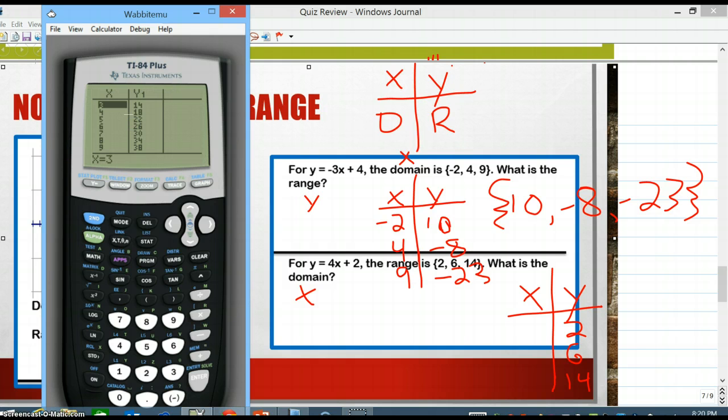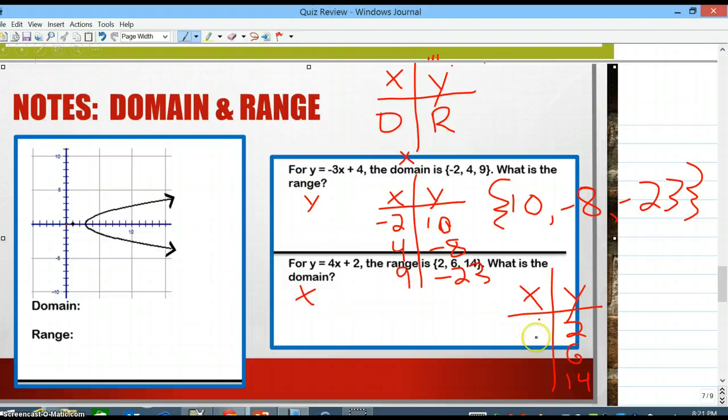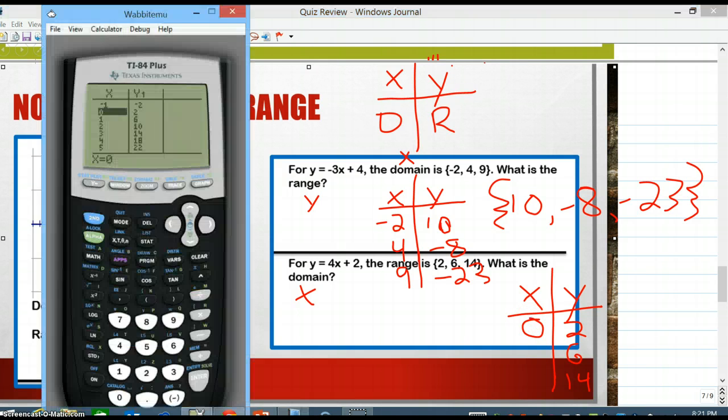And I'm looking at what is x when y is 2. So I'm going to scroll up. And here it is. When y is 2, my x is 0. So I'm going to put 0 next to the 2. When y is 6, and here it is, when y is 6, my x is 1.